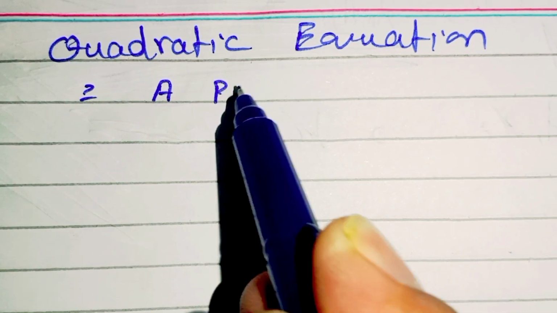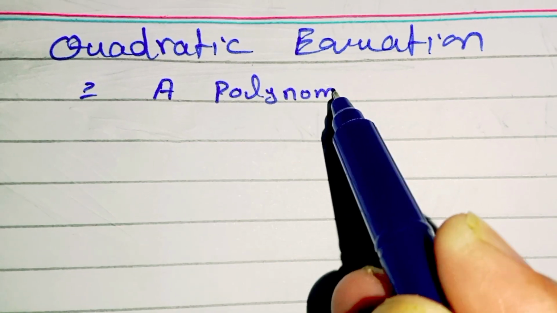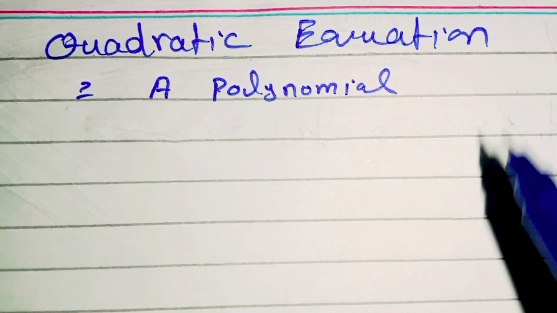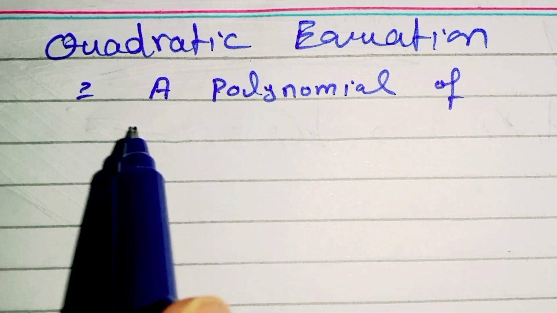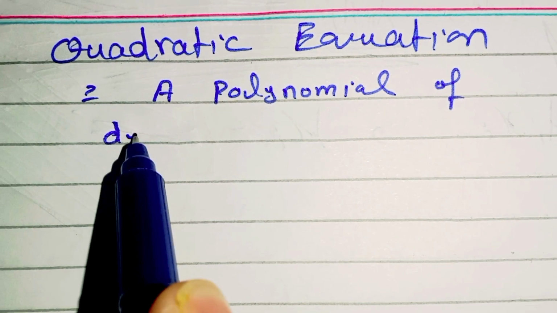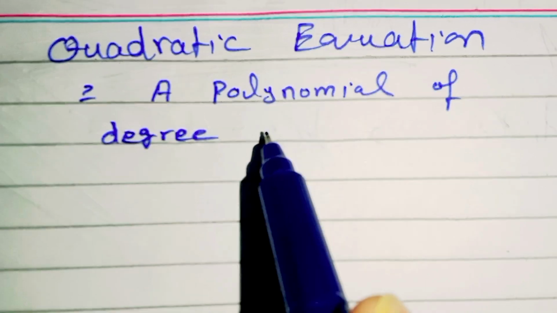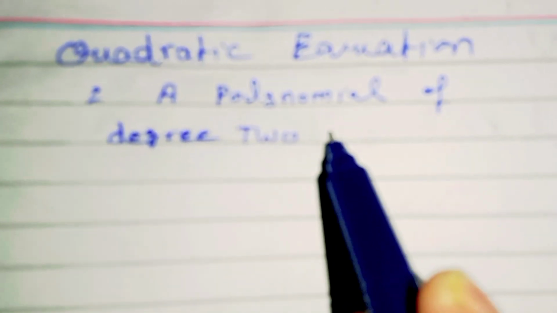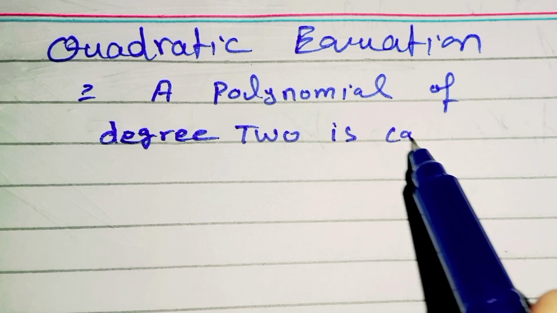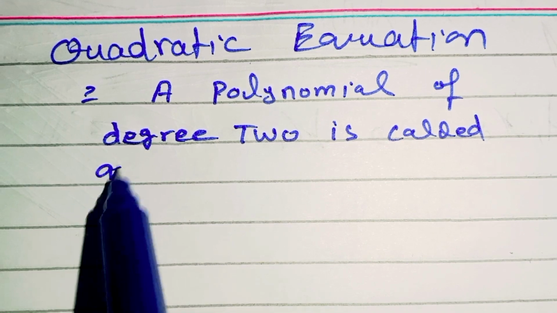A polynomial of degree 2 is called a quadratic equation.